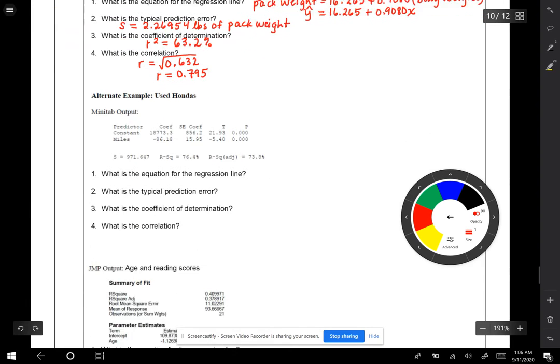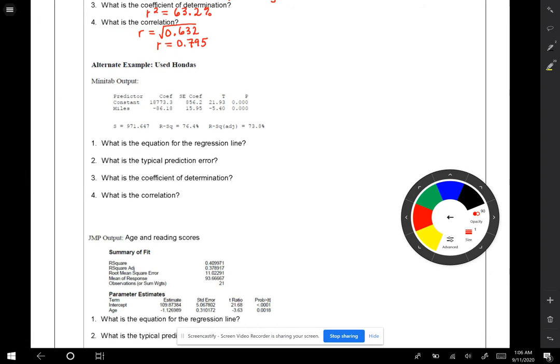Here's a second example, and it goes back to our used Hondas. What is the equation for the regression line? So I guess we can identify everything. So this is your X variable.